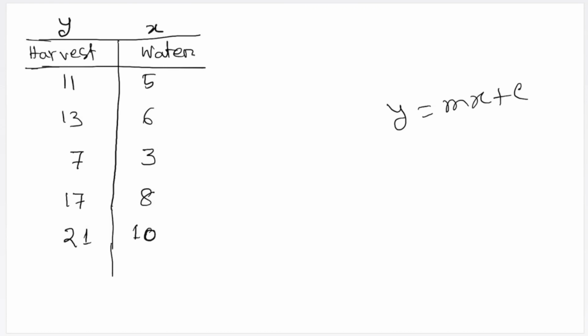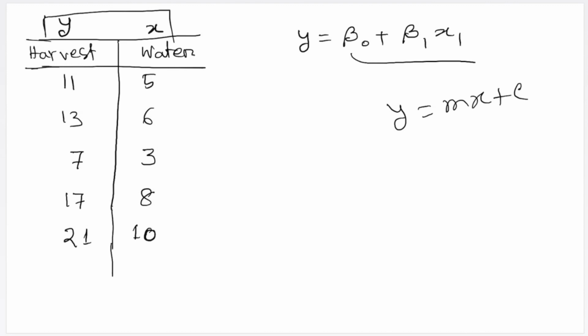The general idea is we write y = β0 + β1x1 when you have one independent variable and one dependent variable, something like this data. Here, this β0 is actually this intercept c, and β1 is this slope m. This is only when you have one independent variable, this one.